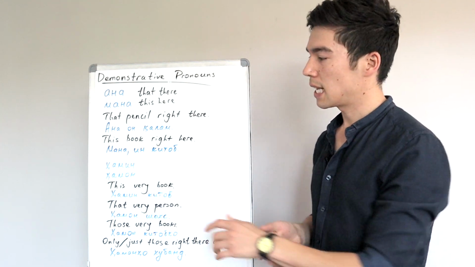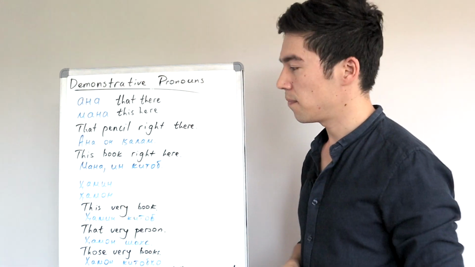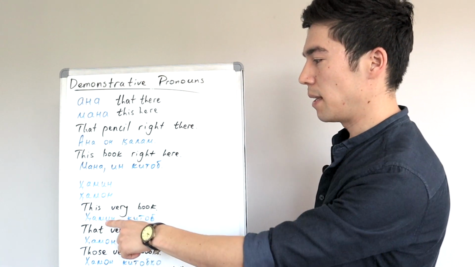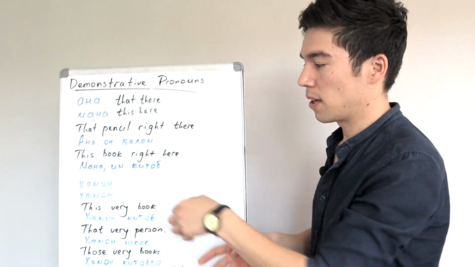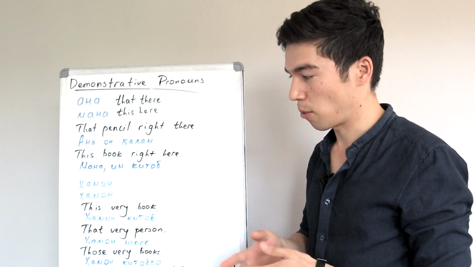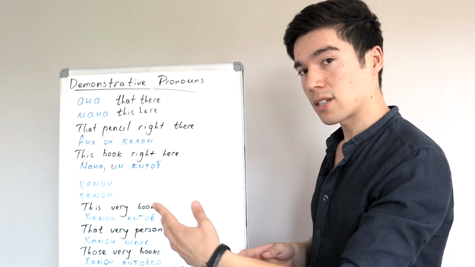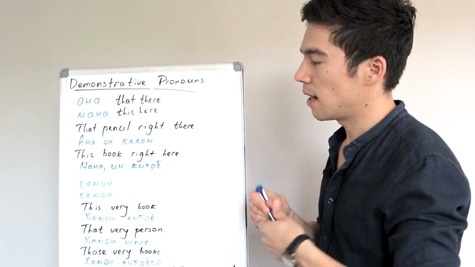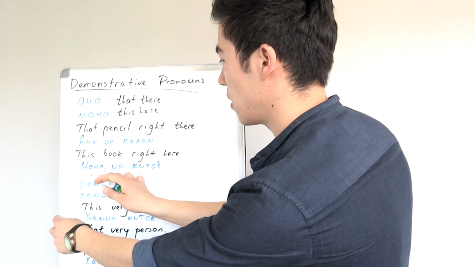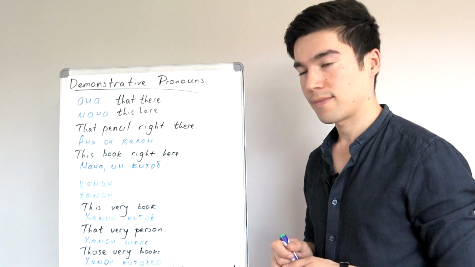Okay, now let's look at hamin and hamon. So hamin means this very, like hamin kitob, this very book. And hamon shakhs, that very person. So ham here is a prefix.